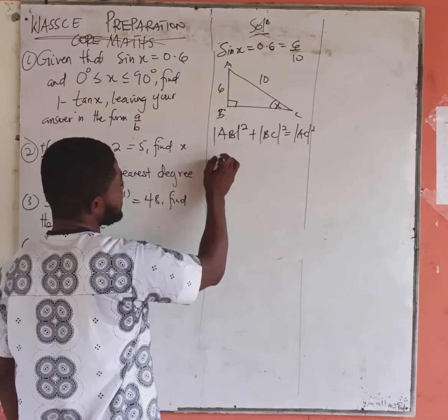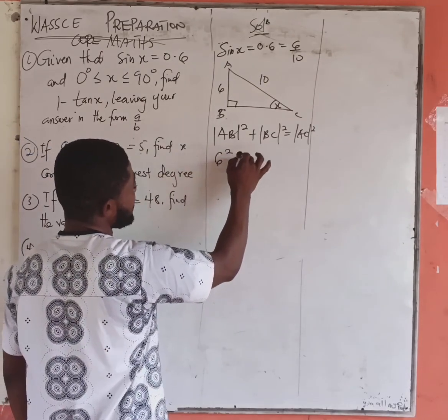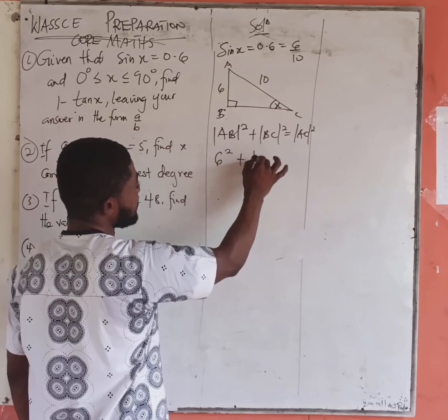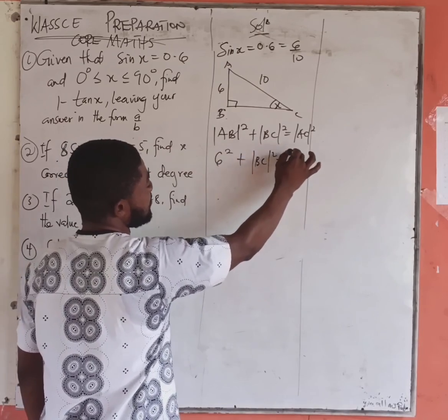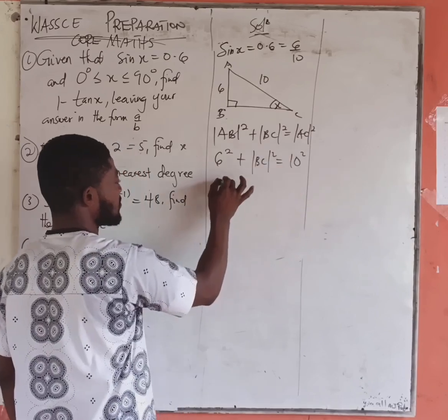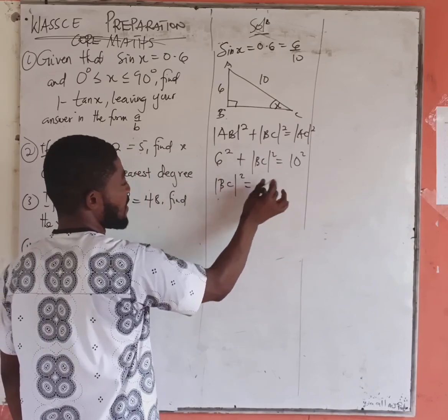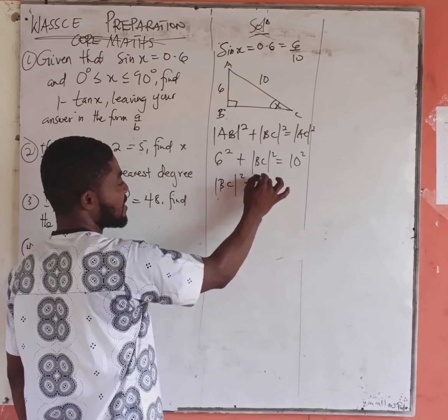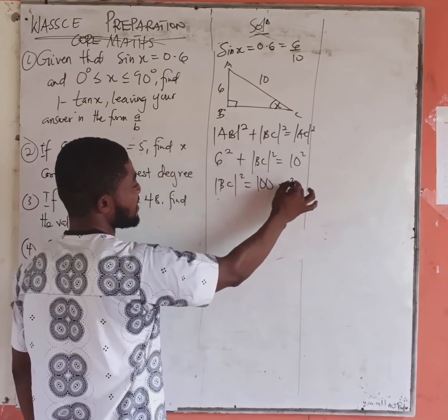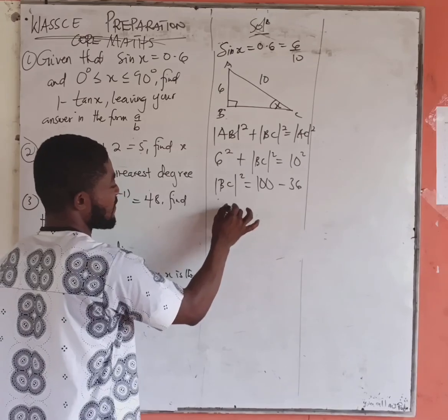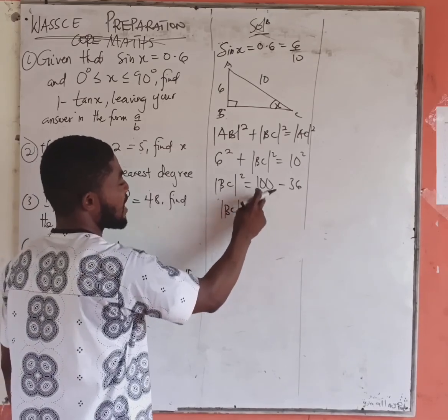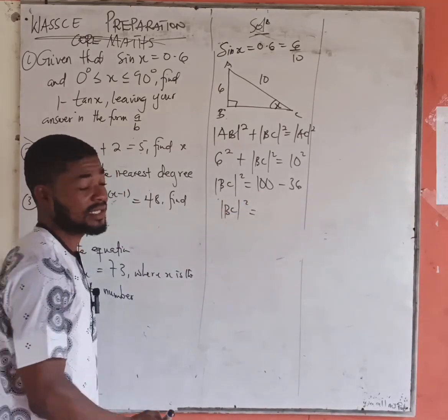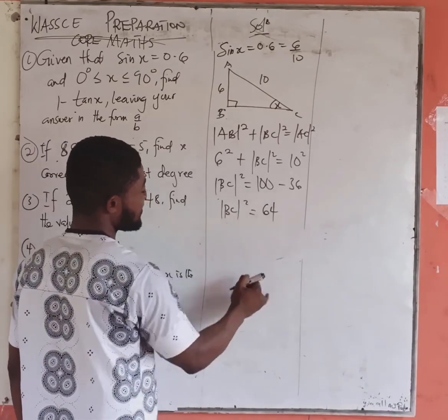I know AB is 6, so 6 squared plus BC squared, which I don't know, equals 10 squared, 100. This becomes BC squared equals 100 minus 36, that should be 64 if I'm not mistaken.